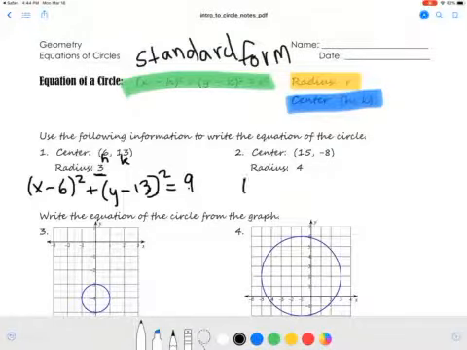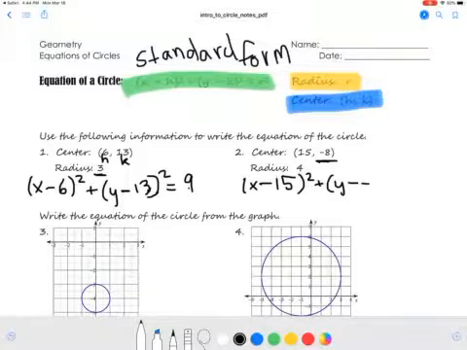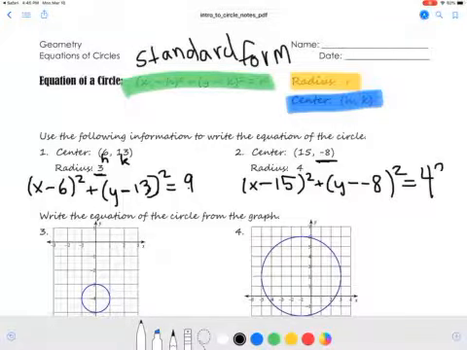So this would be parentheses x minus 15, squared, plus y minus, and then I'm inputting that exact number, negative 8, squared, equals r squared, which is 4 squared.